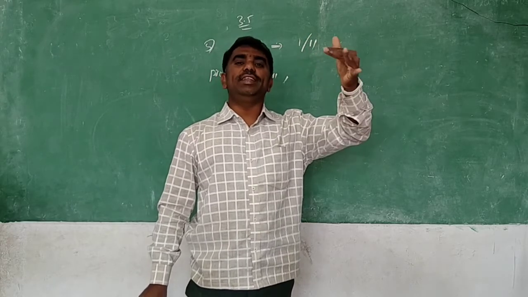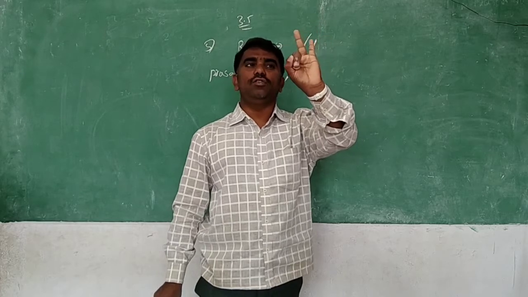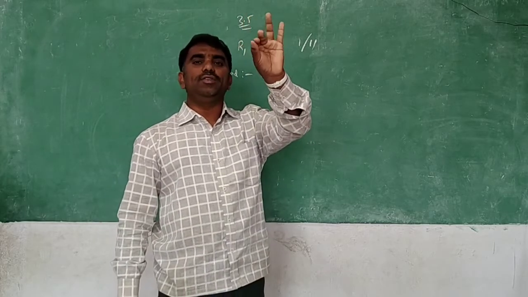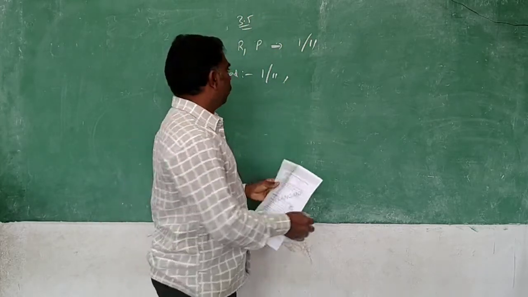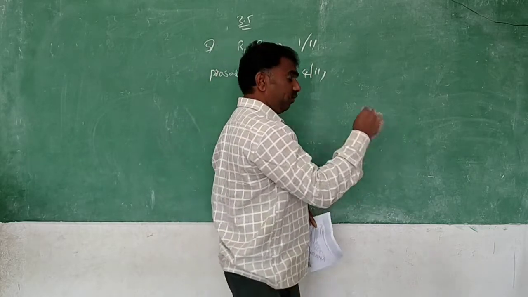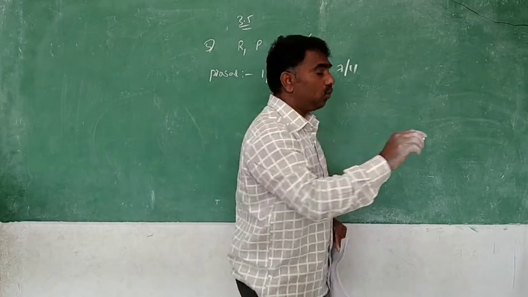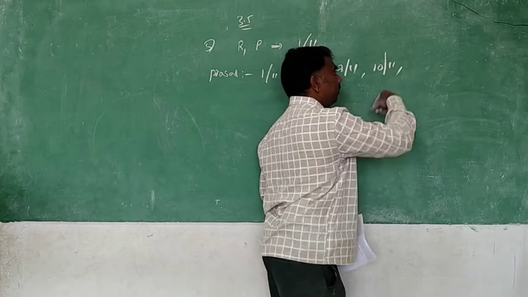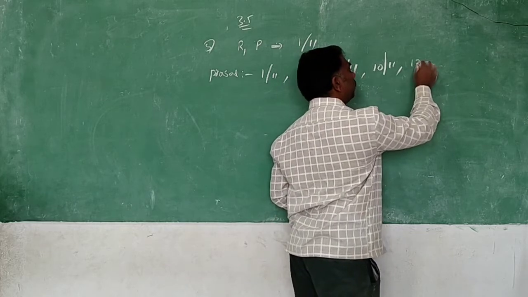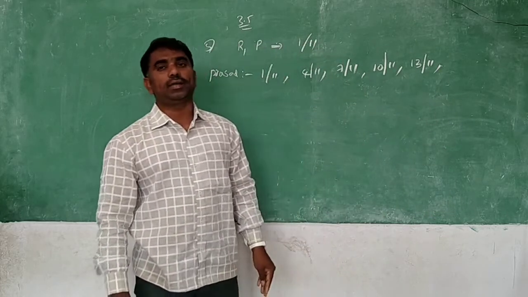Again two days he will not go. The next time he will go on the fourth day, then the 7th, because he will not go on the 5th and 6th. After the 7th, he will not go on the 8th and 9th, then he will go on the 10th. After 11th and 12th, he will go on the 13th. Like that you find out in this month when he is going to the market.